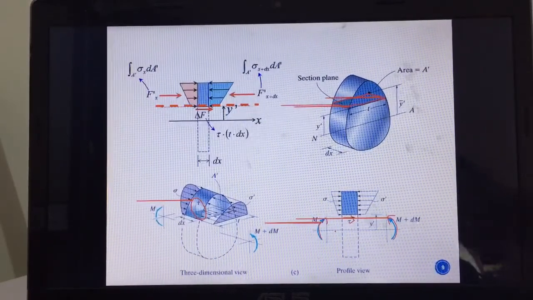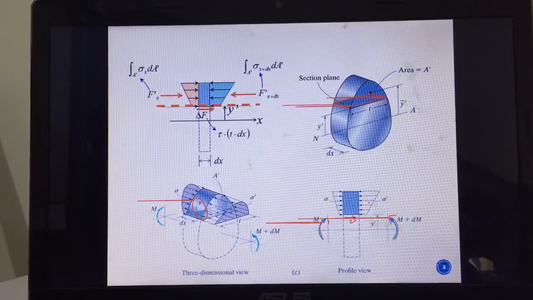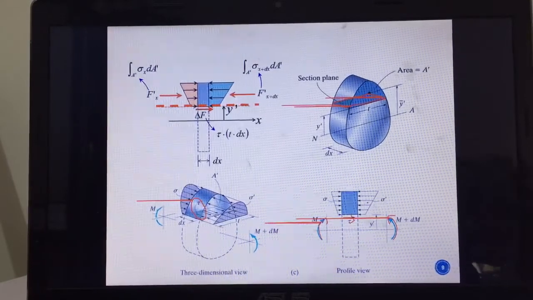Once we have this longitudinal tau, then due to the complementary property of shear, you will have the transverse tau as well.